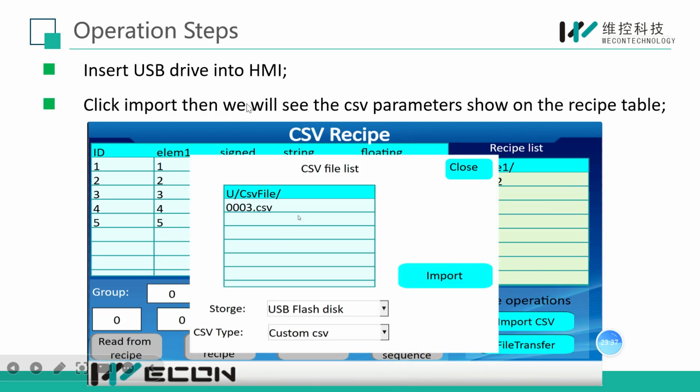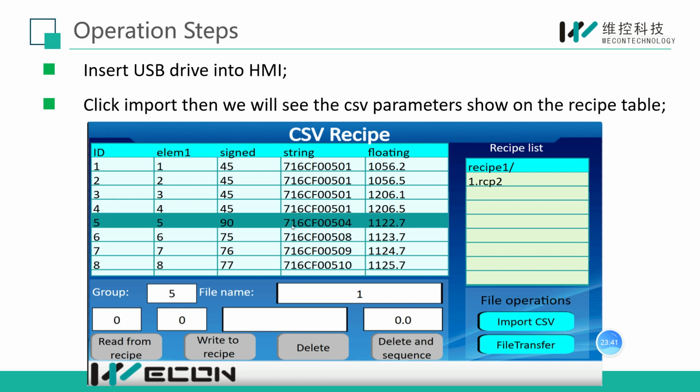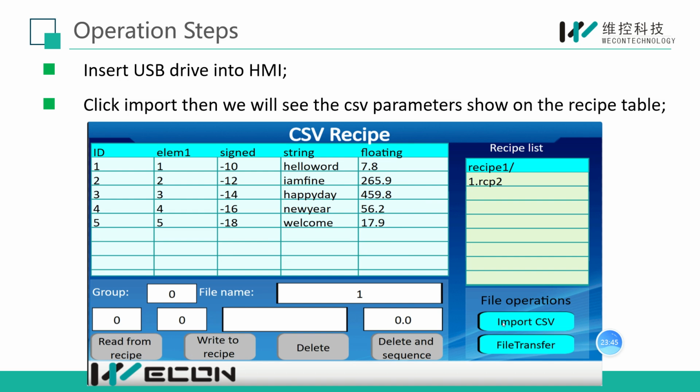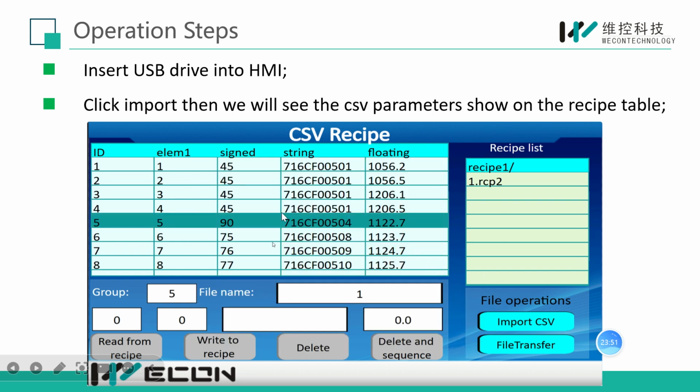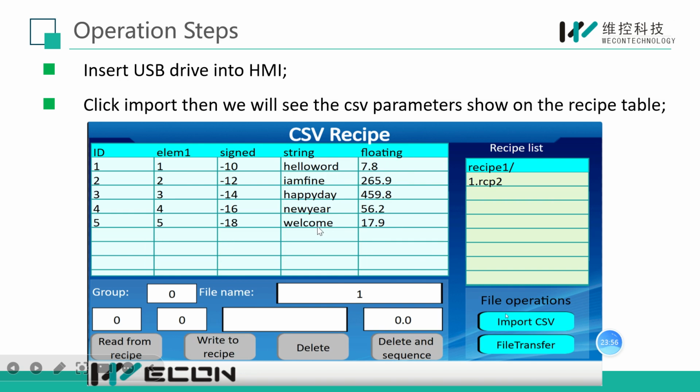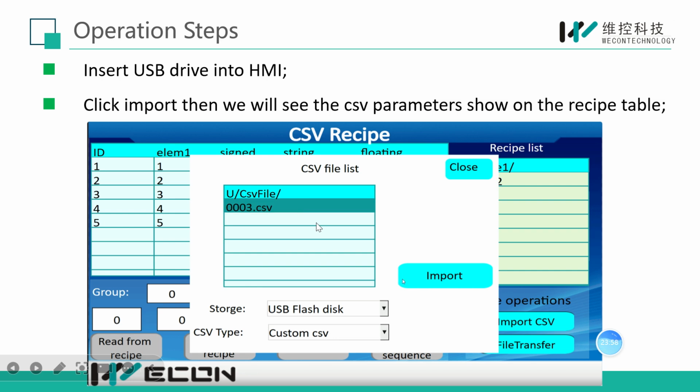After we insert the pen drive into the HMI, we can click import CSV. This one uses my file list, and I click import. You can see my CSV data is overwritten into the table.